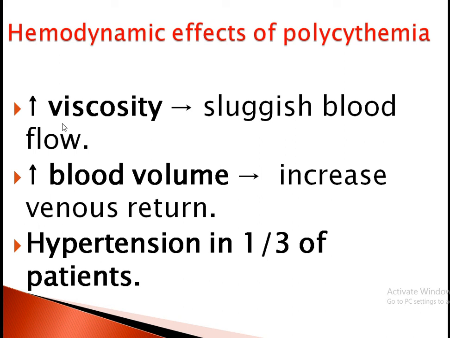If there is increased blood volume, then even the normal RBC count becomes relatively lesser, and as the blood volume is increased, it can lead to increased venous return. Hypertension may be there in one third of the patients. It may be there or it may not be there.